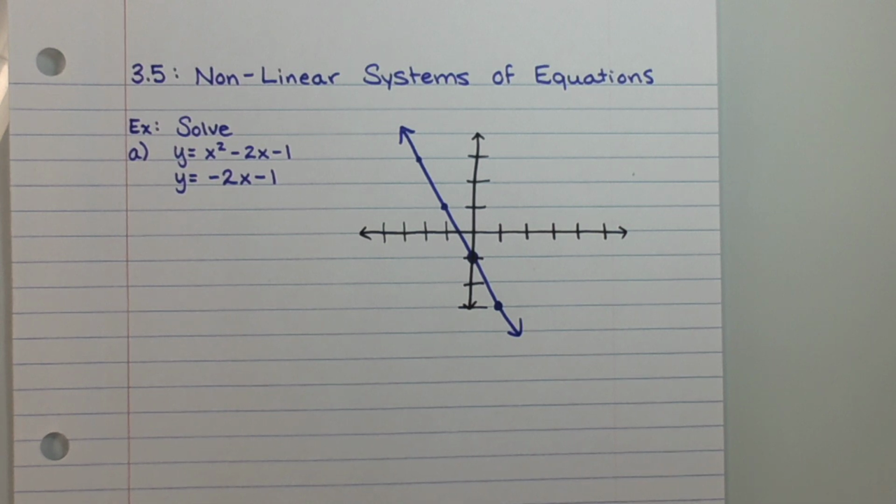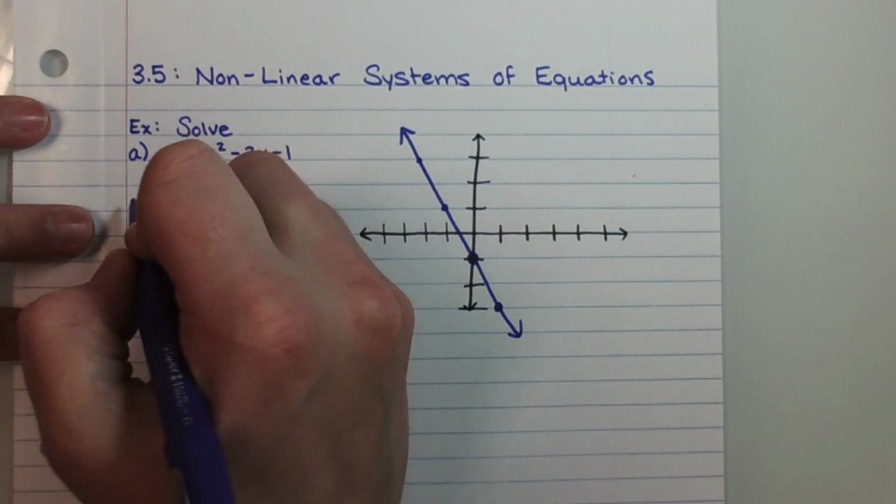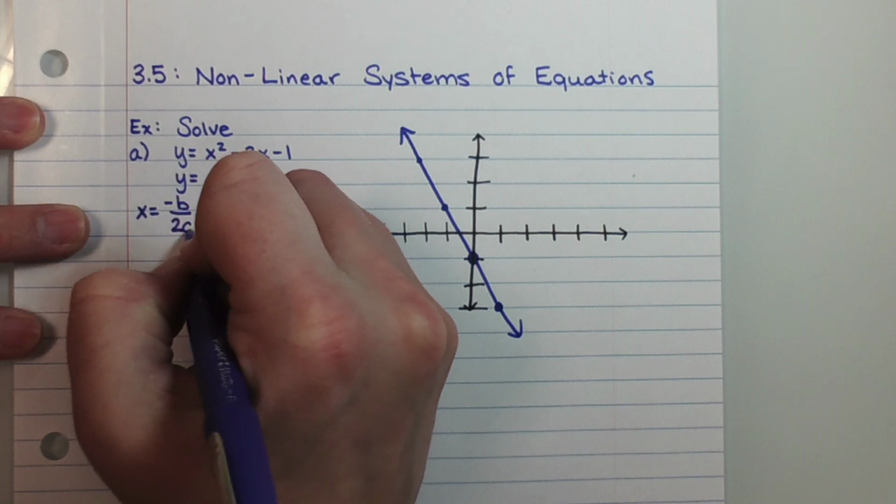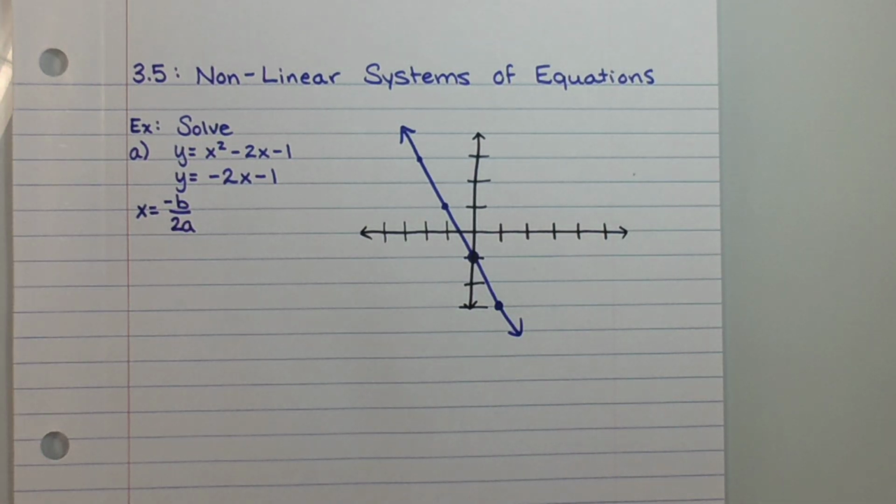There is. Negative B over 2A. Sound familiar? By the way, this is the equation for the axis of symmetry. And I told you at one point that I would tell you where it comes from. And I kind of never did that, right?